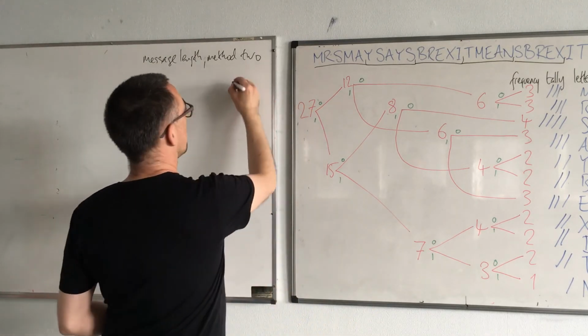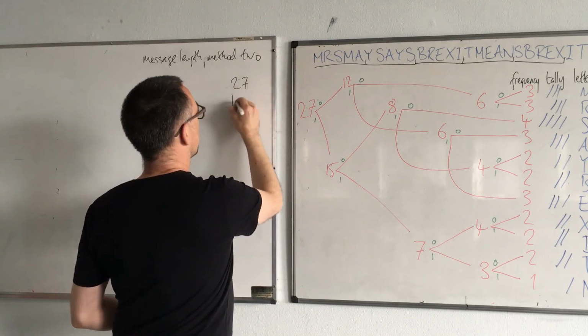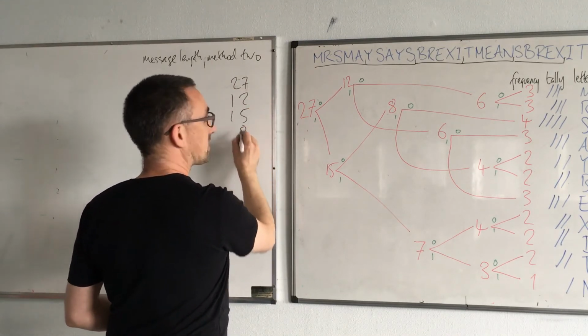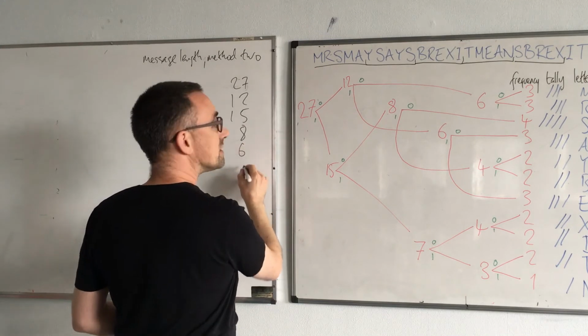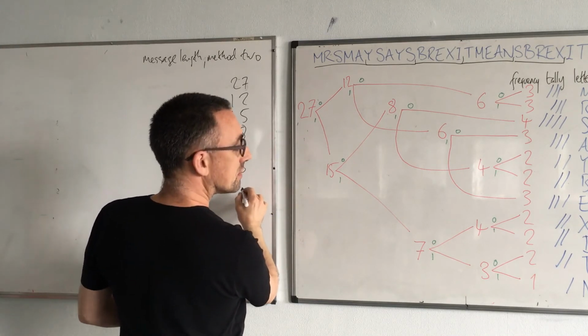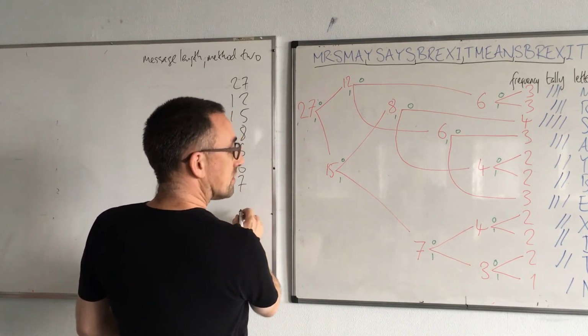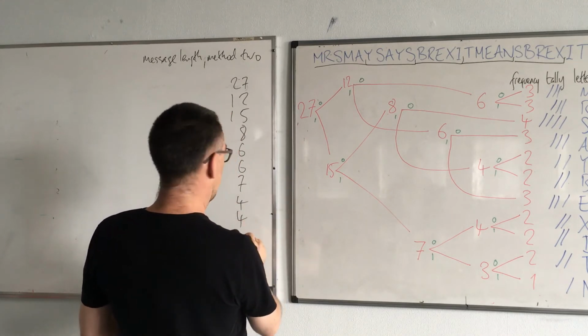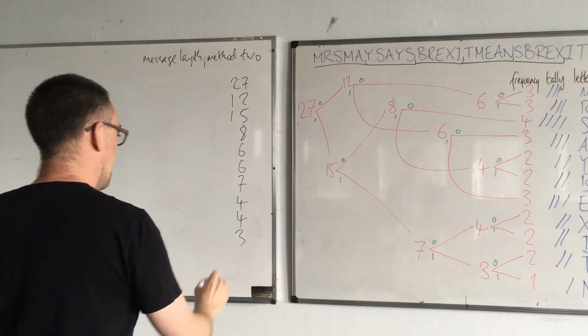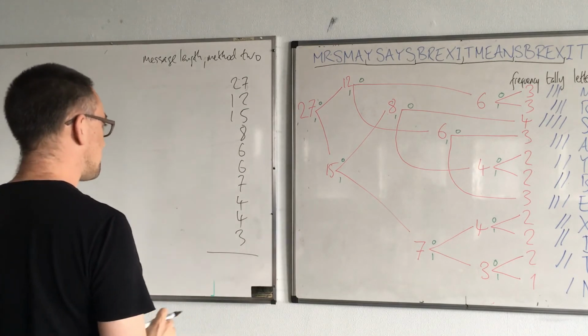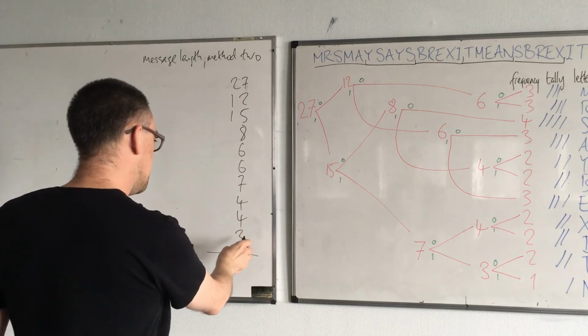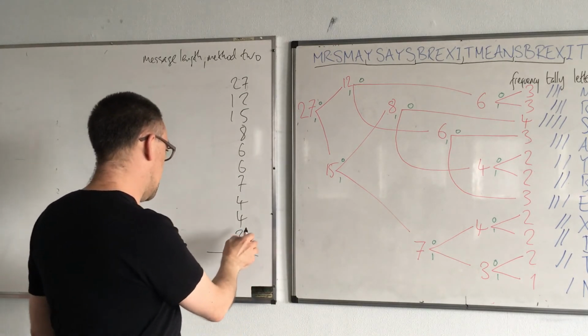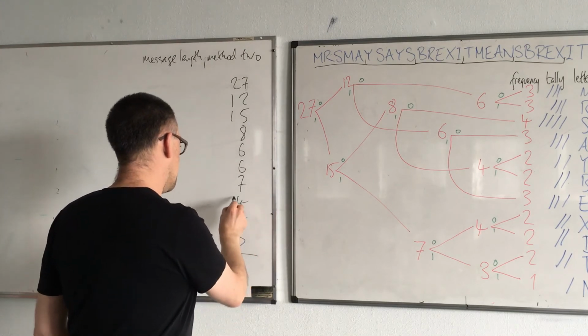We need to add up 27, 12, 15, 8, 6, 6, 7, 4, 4, and 3. Okay, so let's see. 3 and 4 and 4, well, I'm going to do it this way.